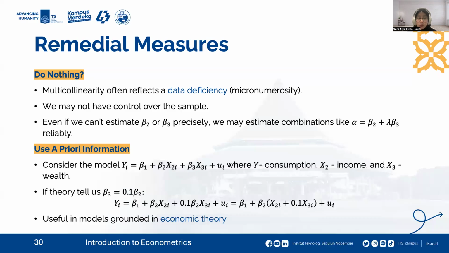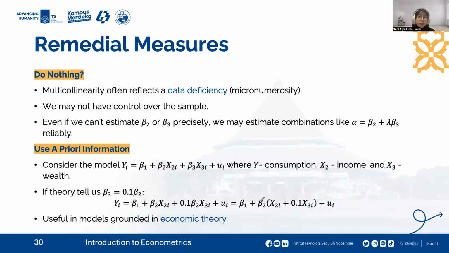And then the second option that we can have is to use a priori information. Let's say we consider the model here, and we know a theory that tells us this, so this is a priori information. There is a theory that says wealth equals 0.1 of income.